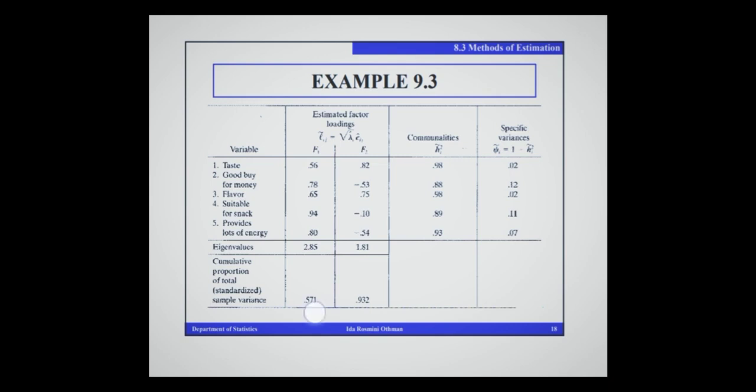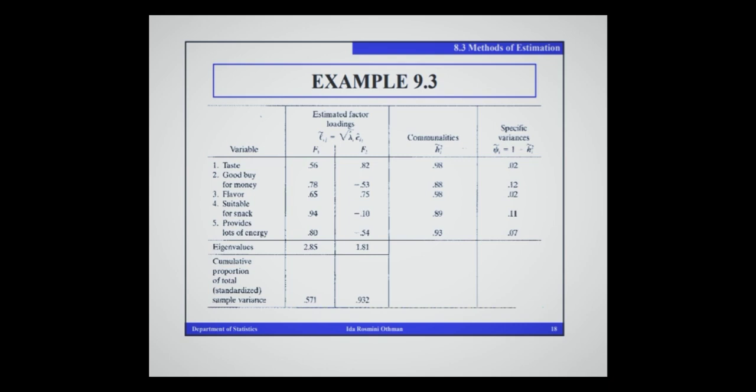Okay, the cumulative kat sini you akan dapat, how to get this. 2.85 divide dengan 5, sebab kita ada 5 variables. You akan dapat 0.571. Okay, you see that 0.571 is not enough for us to use only one factor to represent all the 5 variables.